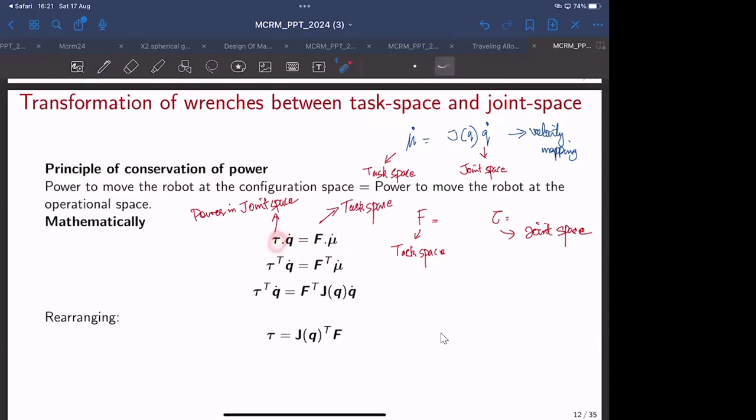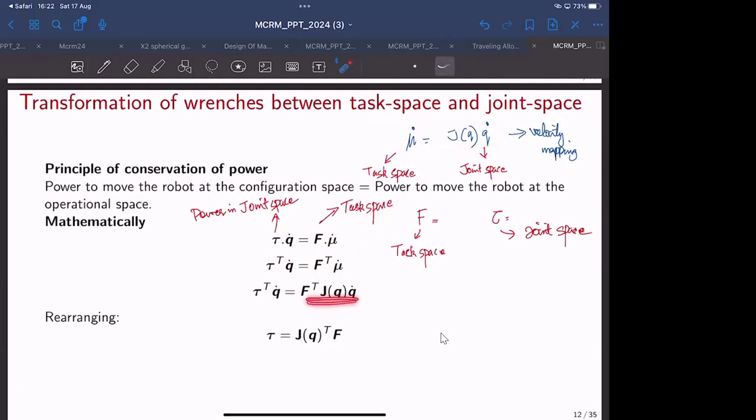The dot product, tau dot q dot, you can also write this dot product expression as one vector transposed times the other vector, because it's still the same operation. So tau dot q dot, you can write this as tau transpose q dot. And F dot mu dot, you can write this as F transpose mu dot. And instead of this mu dot, I'm replacing mu dot using this Jacobian mapping, right?